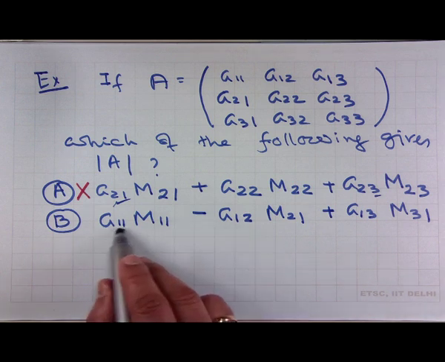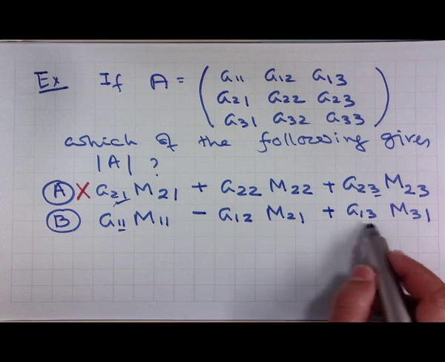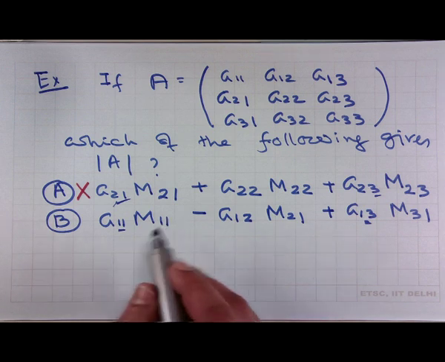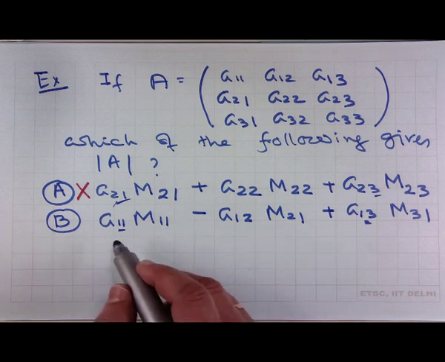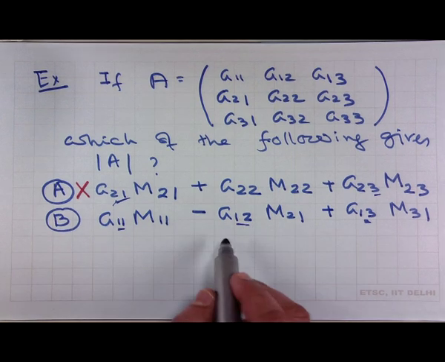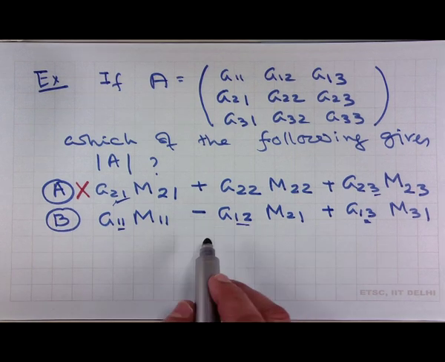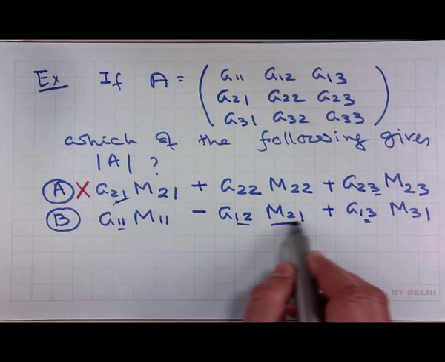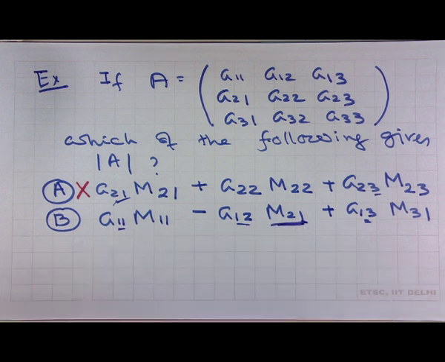Here it is going to be positive because 1 plus 1, and here positive because 1 plus 3, these are even. So minus 1 to the power an even number makes it 1, but here it is 1 and 2, therefore the minus sign is there. But here the problem is A12 is multiplied by the minor M21, which should have been M12.